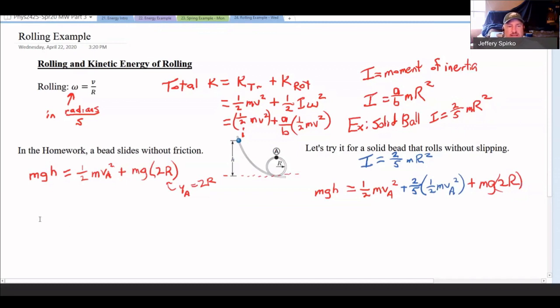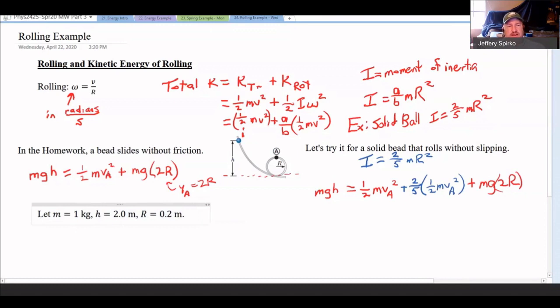So let's set this up. Let's do m equals 1 kilogram to make it easy, and we'll do h equals 2.0 meters, and we'll do r equals 0.2 meters.